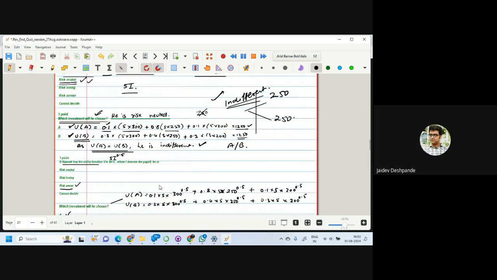I don't remember. Is this the same answer as we got from the previous method? In the previous method, we were quite indecisive and we were using speculation that it's 250, 250, and we were using the standard deviation, that is, standard deviation for A is less and all that. And what we had applied was the logic that in both the cases expected is 250, 250. So that's why he's indifferent. One of them should have a lesser standard deviation.